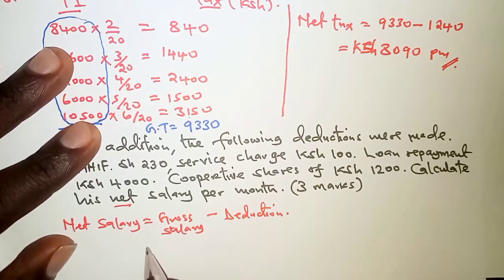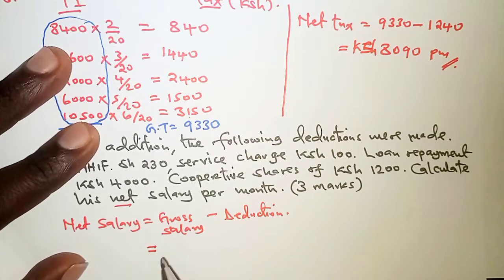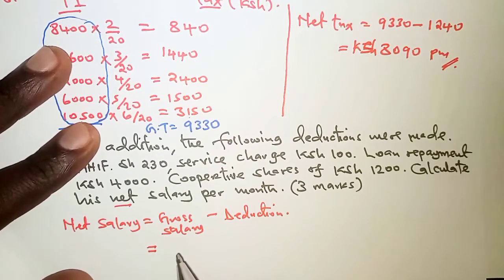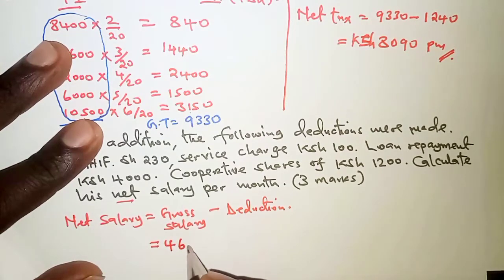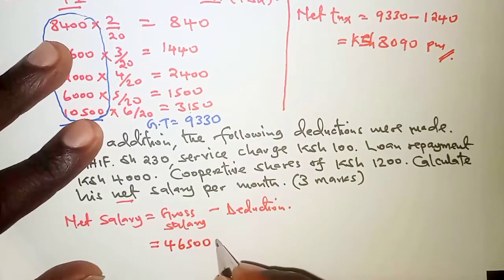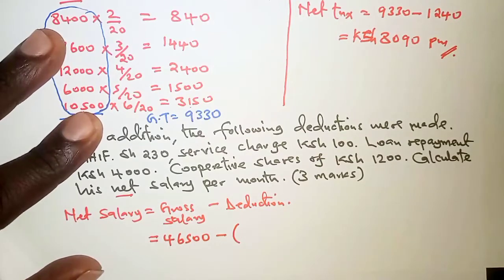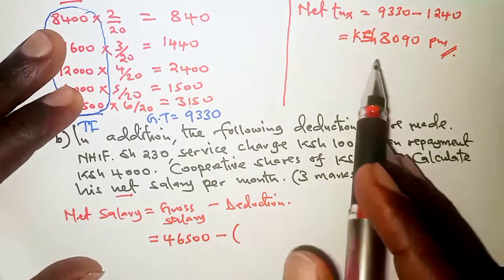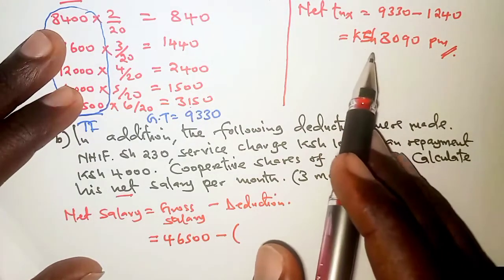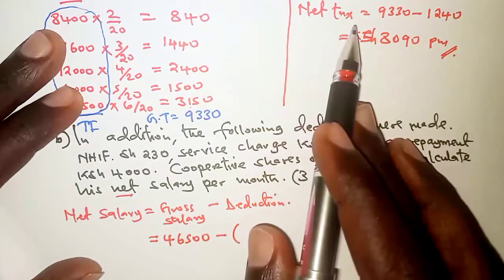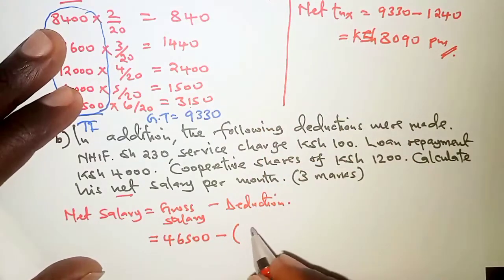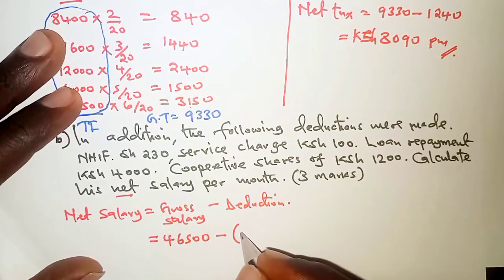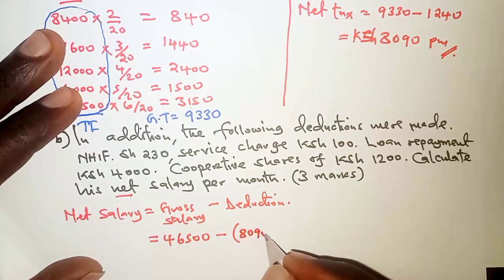And for this case, because the civil servant was not provided with a house, then say the gross salary is the taxable income, which we have as 46,500. And then our number one deduction must always remain to be the net tax. That is the pay as you earn. Net tax is also known as pay as you earn. So let's have the first deduction, which is 8,090.